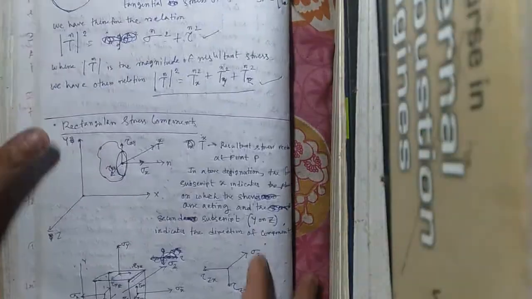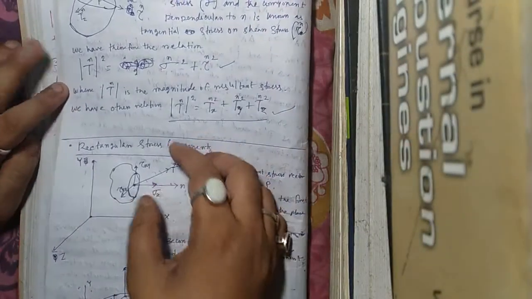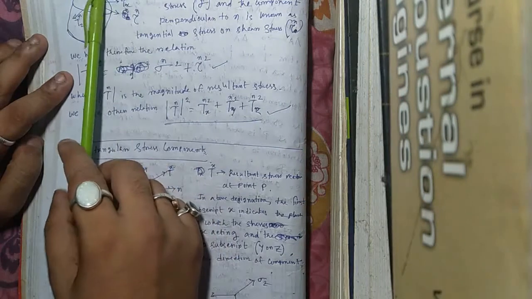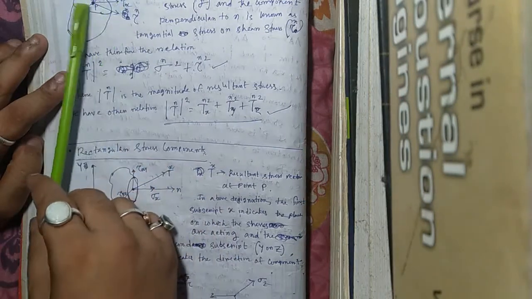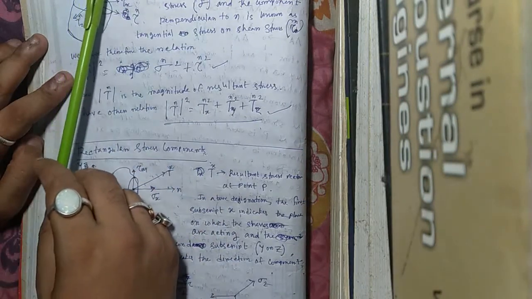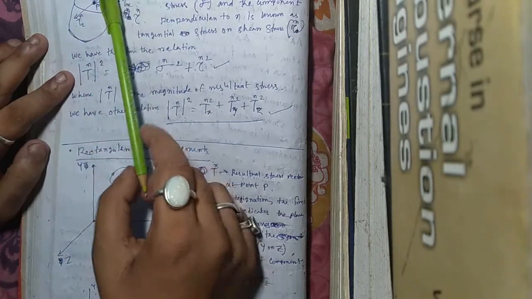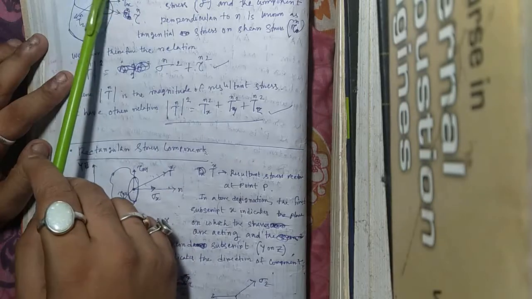Then I discussed the normal and shear stress components. This is the resultant stress vector, and this is the outward normal drawn from this point.